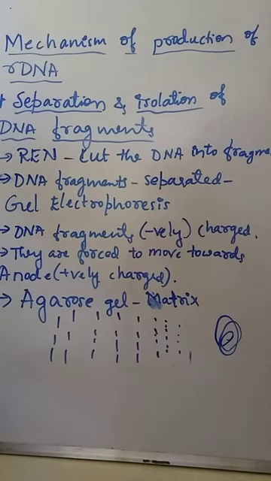The separated DNA fragments can be visualized or observed only after staining with a compound called ethidium bromide.